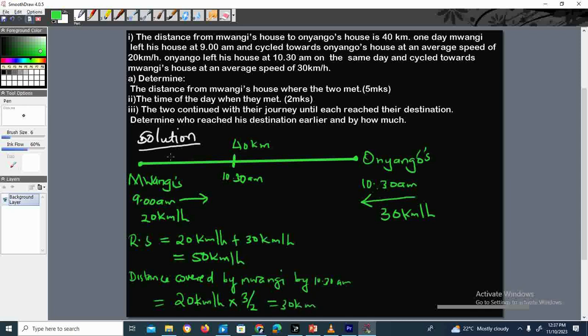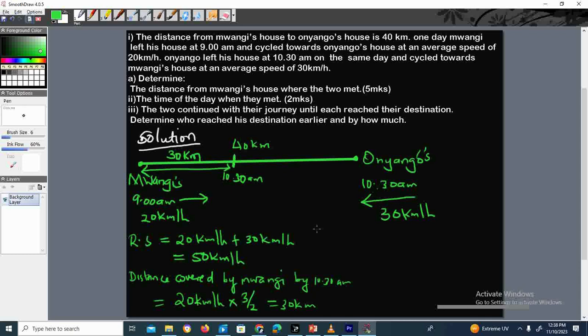So by the time Onyango is starting, Mwangi has already covered 30 kilometers, the distance from Mwangi's home to where he will be at 10:30.